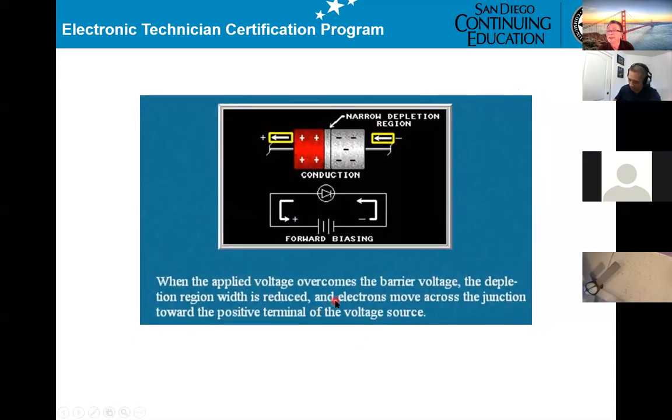Basically, in here they are just telling you this is the barrier depletion region. If it narrows, that means it can allow electrons to move. Electrons moving, then you get a current. When it gets wider, no electrons moving. So that's why it will be off.